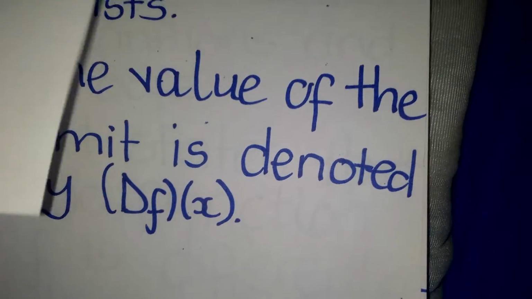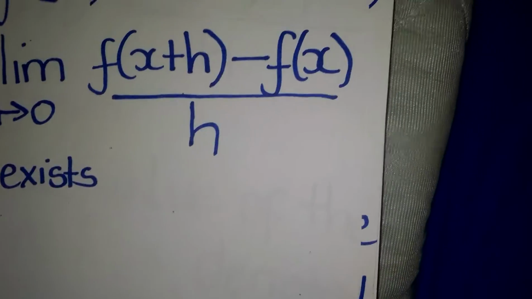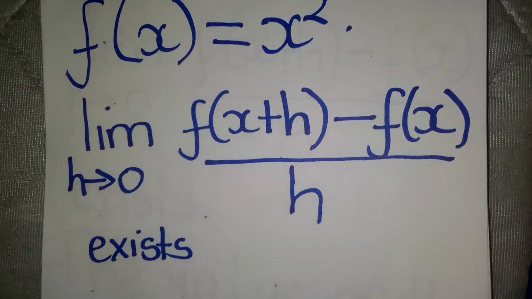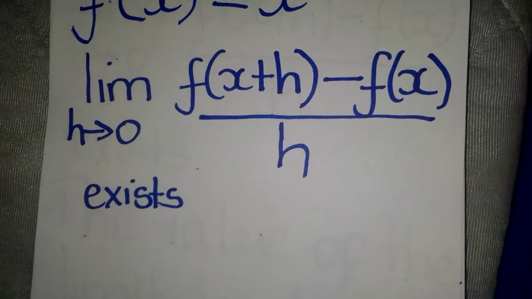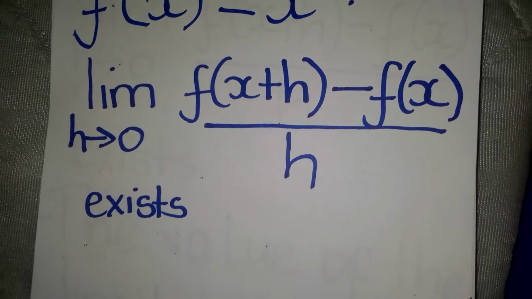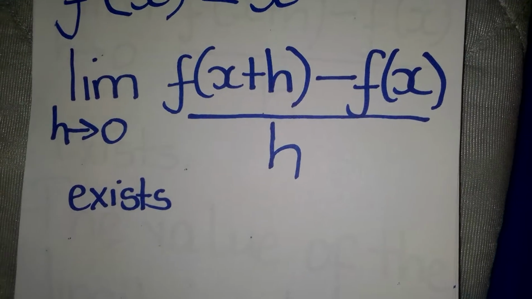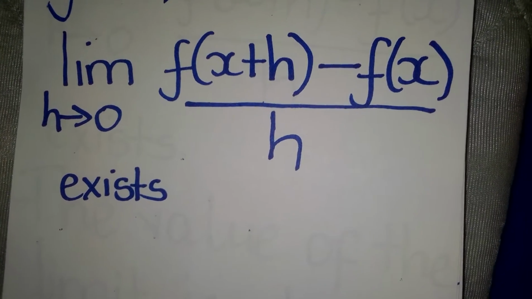So let's have an example with our function f of x equal to x squared. We want to find if the limit of f of x plus h minus f of x all over h, as h tends to 0, exists.